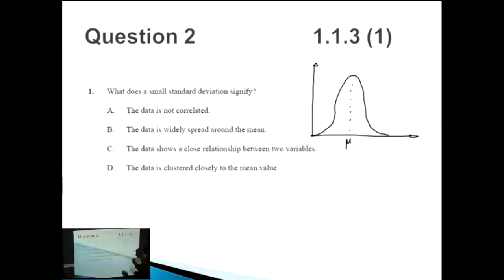So if it has a small standard deviation, as in this question, what that means is that the data is spread very closely around the mean. Whereas if we were to draw another one, let's draw another one in red, which has a large standard deviation.